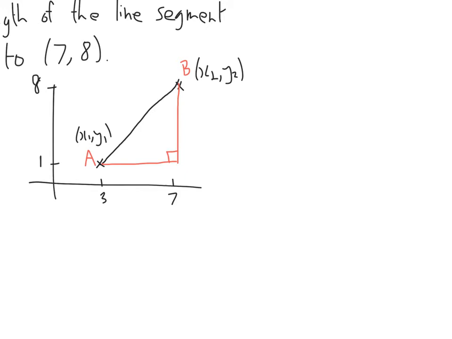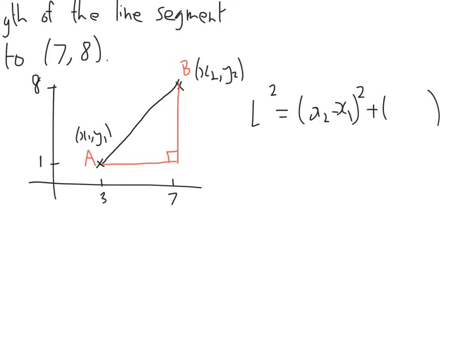Then how do you find out the hypotenuse squared, the length of that line? Let's call that L. Well, L squared would be the bottom line squared, the short side, and that distance is this x coordinate minus this x value, which gives you 7 minus 3 in this case, but more generally x2 minus x1. And then you square that short side.